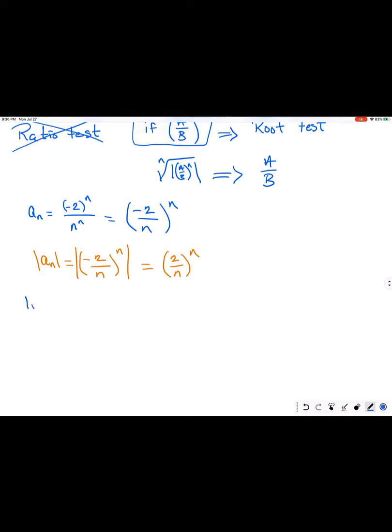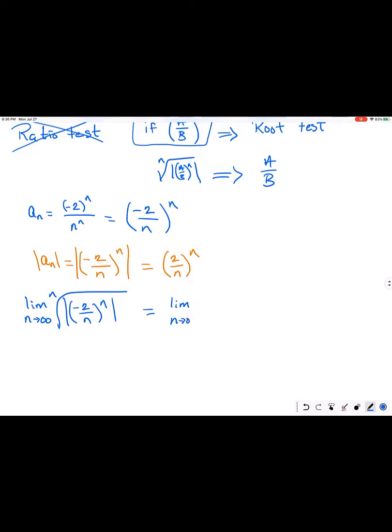So then when I apply my limit test, I have the limit as n approaches infinity of minus 2 over n raised to the n, take the absolute value, and then take the nth root.